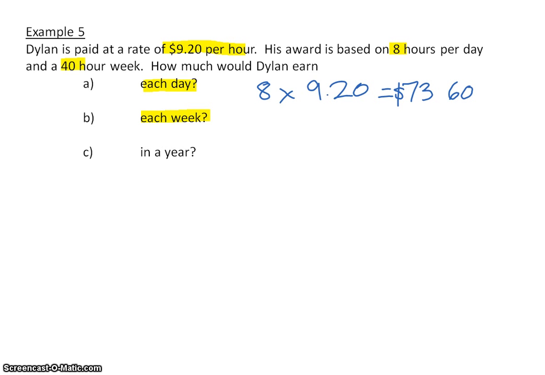So instead of just doing 8 hours, he does 40 hours times 9.2, and we're going to end up with $368 in total for the week. The last question: how much would he earn in a year? This is where we get to be a bit cheeky and pinch one of our answers.